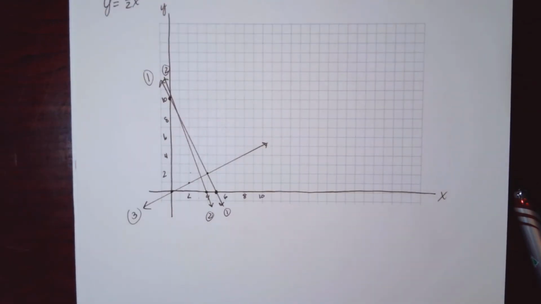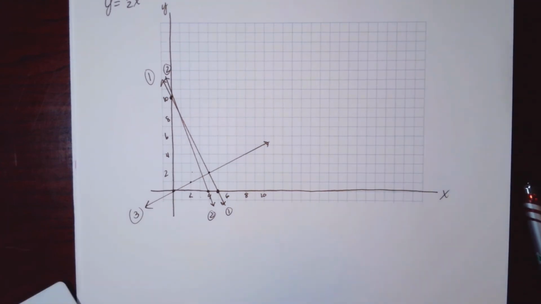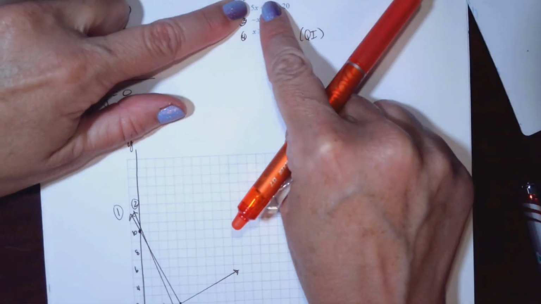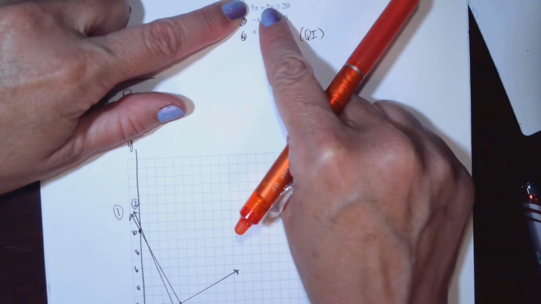Now I need to figure out where I am shading. What is the region that I need to shade in? I'm looking for a lighter colored pen. Okay, what region am I going to shade in here? Well, for my first boundary, I can check the origin on the first two.